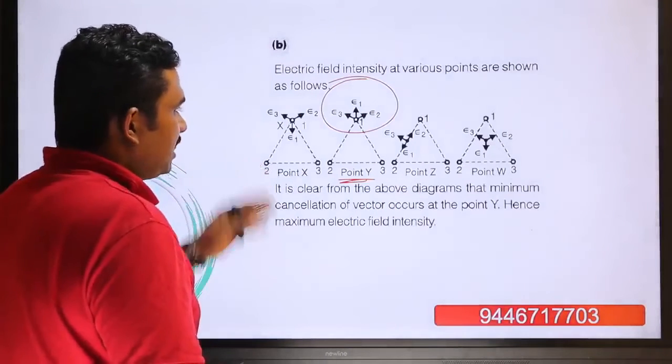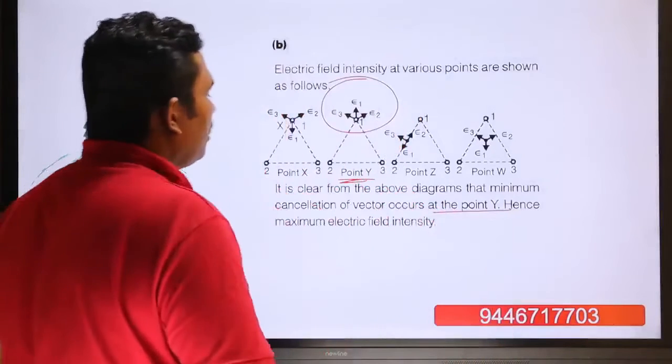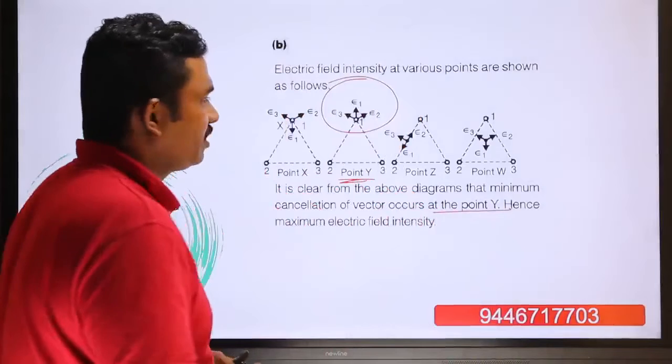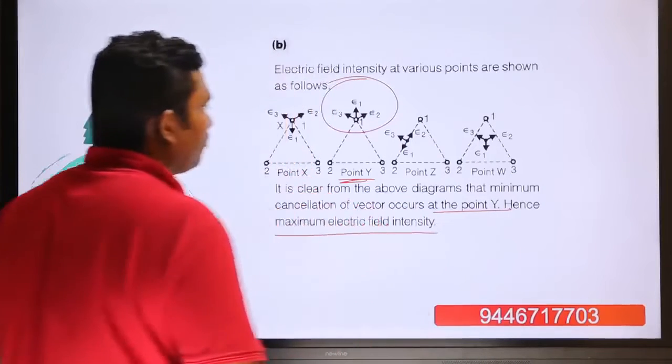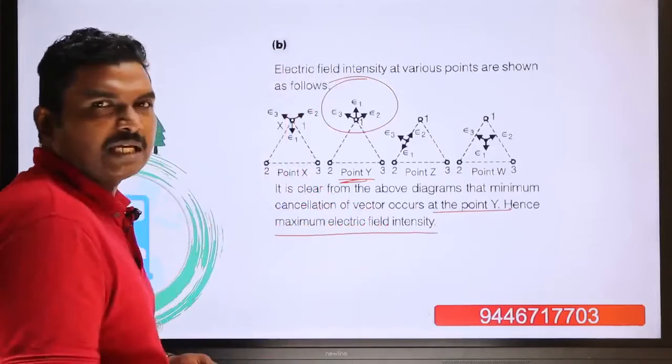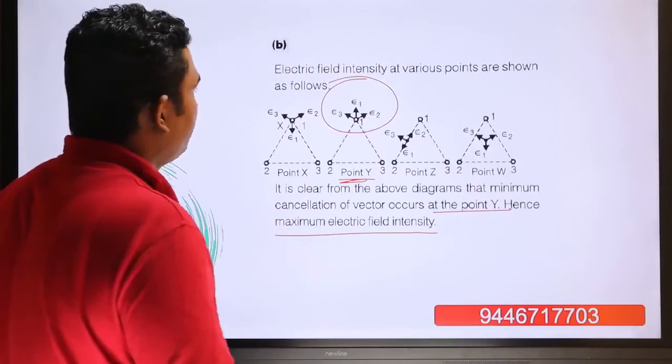So the net electric field intensity is highest at point Y. Hence the maximum electric field intensity occurs at point Y due to minimum cancellation of electric field intensity vectors.